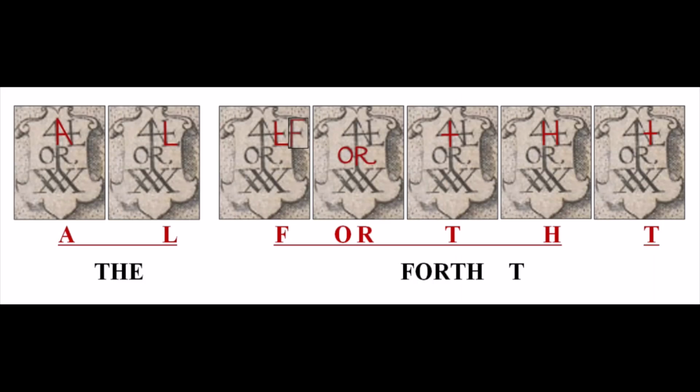Beginning with al, or the, reading clockwise, we have ALFORTHT, which spells the 4th T.